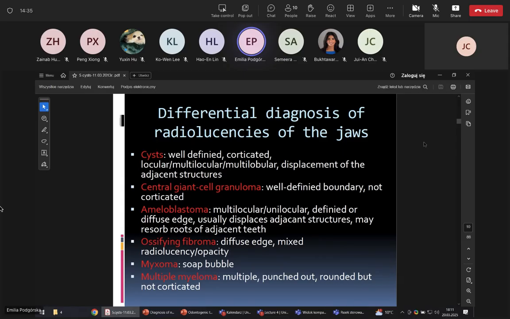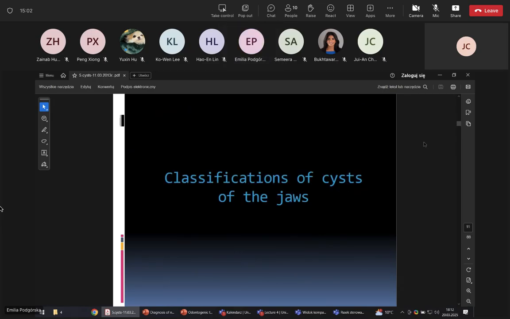Ameloblastoma: multilocular, unilocular, defined or diffuse edge, usually displaces adjacent structures, may resorb roots of adjacent teeth. Ossifying fibroma: diffuse edge, mixed radiolucency. Myxoma: soap bubble. And multiple myeloma: multiple punched out, rounded lesions.